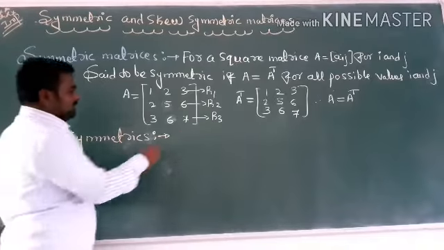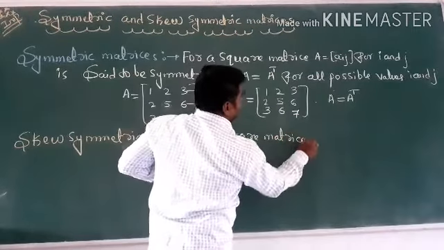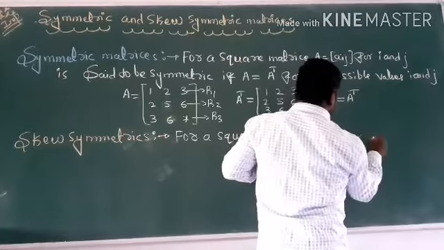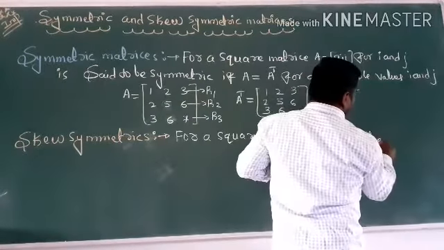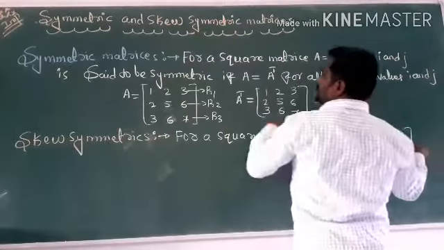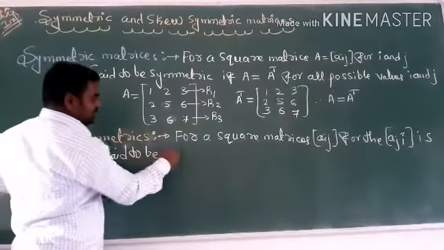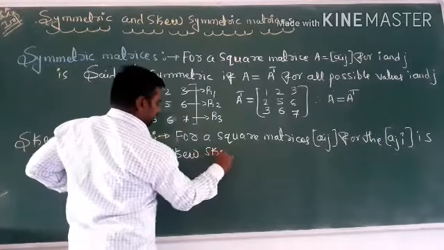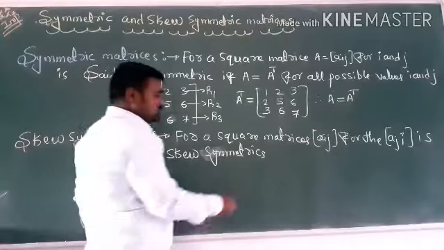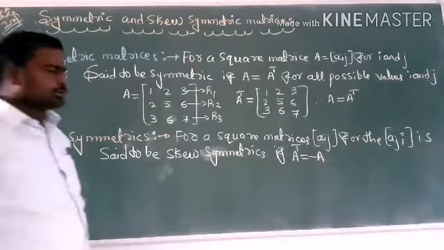For a square matrix, keep in mind, it is said to be skew symmetric if A transpose is equal to minus A. This is the most important condition.